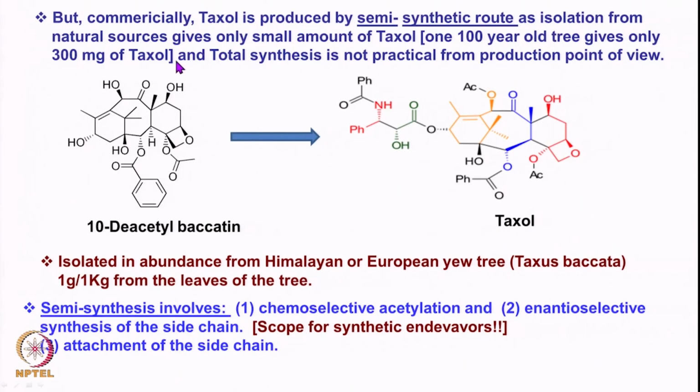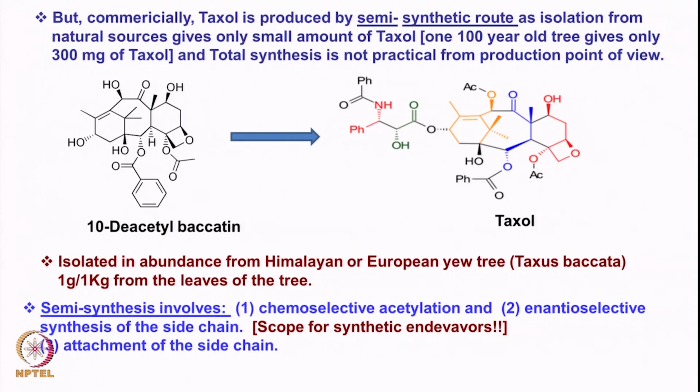The commercially applicable synthesis of Taxol is very difficult. Therefore, a semi-synthetic route to Taxol has basically been utilized, since isolation of Taxol from the natural source gives only a very small amount of the product.